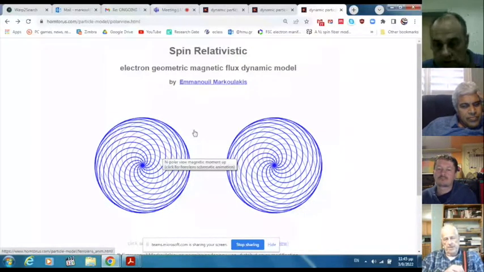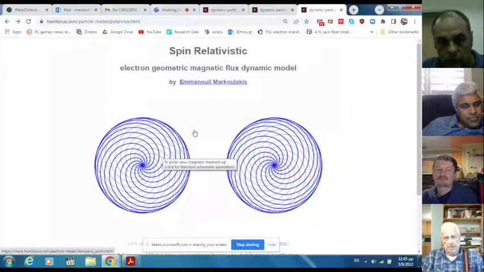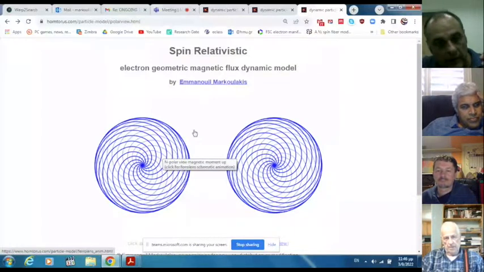Imagine yourself catching up with an electron, and then overtaking it, and then you will see the helicity turn around, go opposite, because it's a relativistic effect. You will see the turn going the other way around when you overtake it.